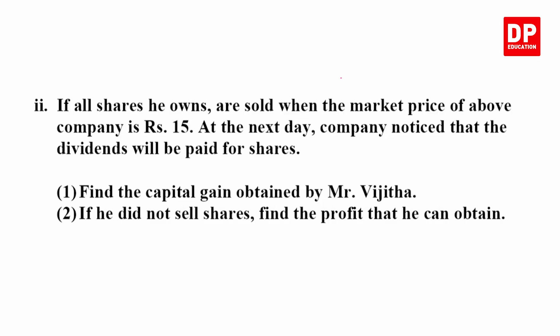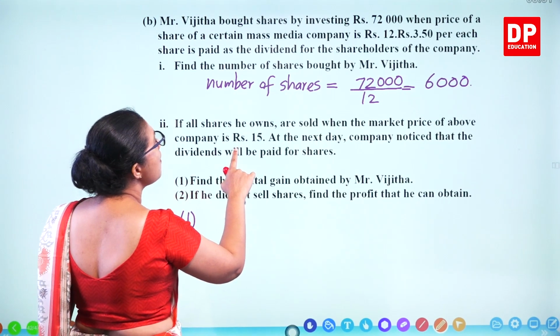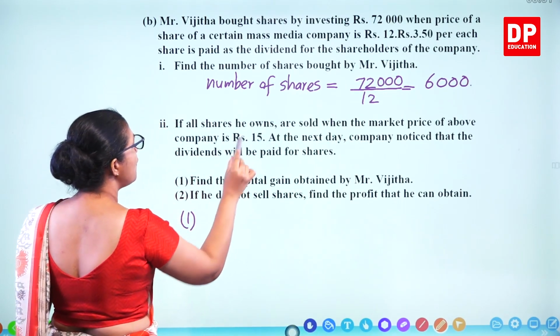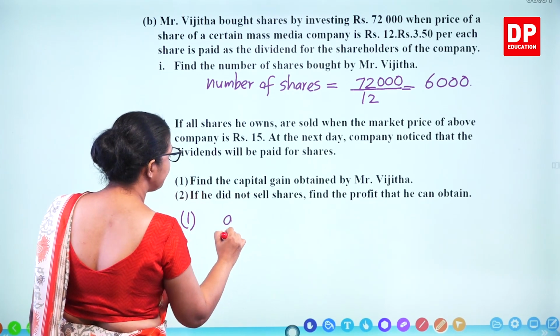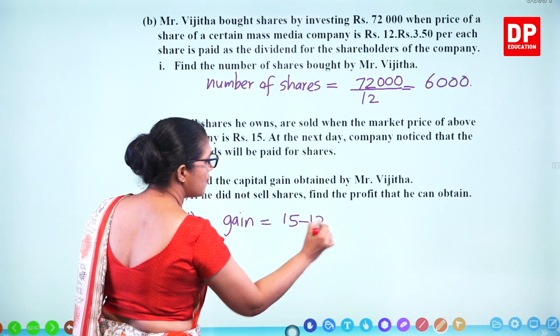If all the shares he owns are sold when the market price of the company is 15 rupees. The next day, the company noticed that the dividends will be paid for shares. Find the capital gain obtained by Mr. Vijitha. So capital gain. He bought shares for 12 and is selling for 15. So what's the gain? Gain is 15 minus 12 rupees.